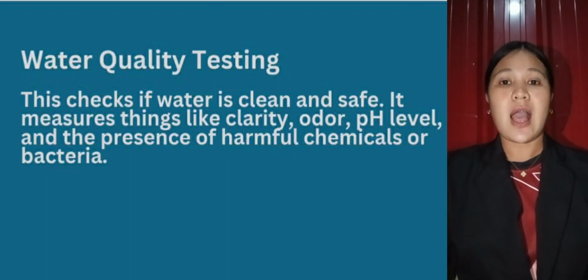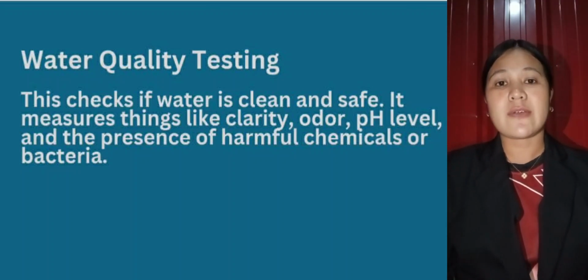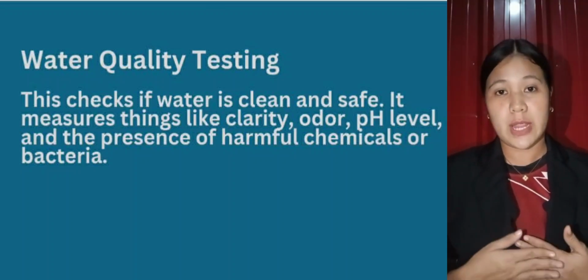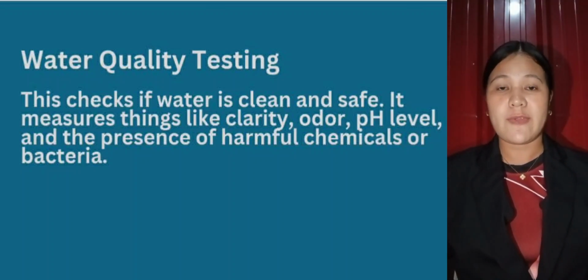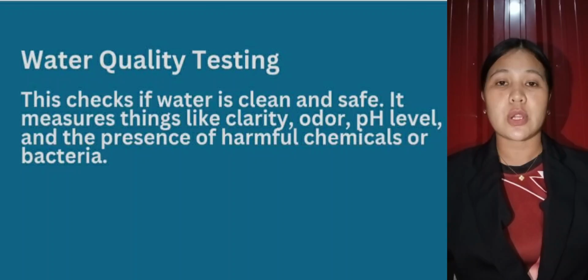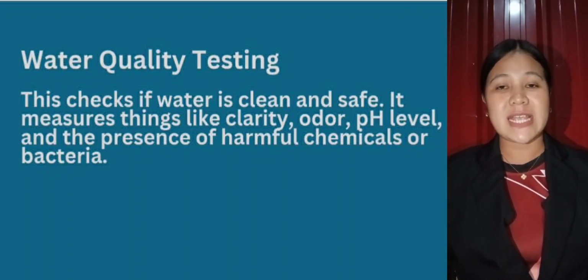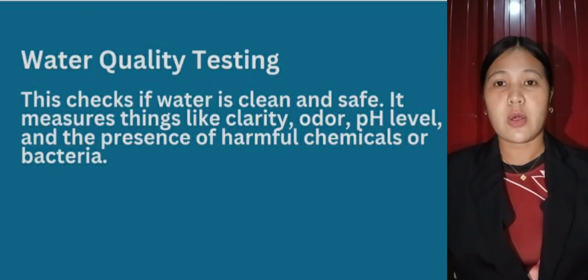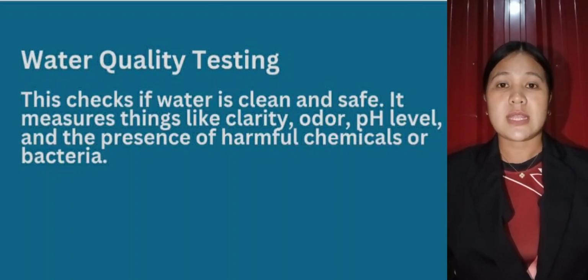It checks the clarity of water to see if there is dirt or waste in it. The odor is checked to detect pollution or chemicals because we all know pollution is very harmful for our health. The pH level shows if the water is too acidic or too basic, which can harm humans and aquatic life. Water testing also looks for harmful chemicals like pesticides and bacteria such as E. coli that can cause diseases.